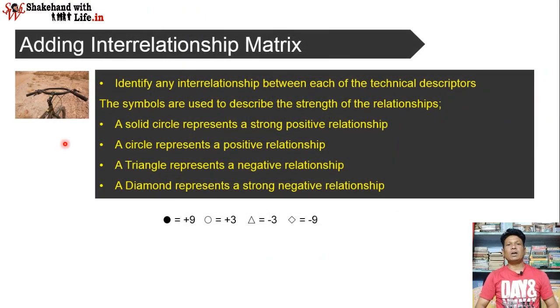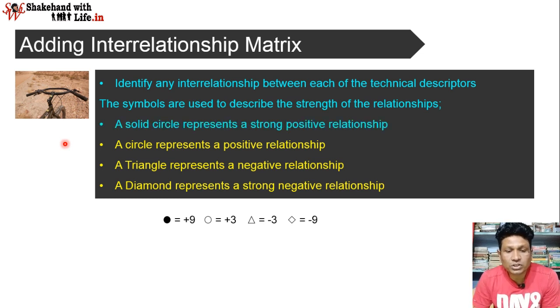To add the interrelationship matrix on the top of the house, we have to identify any relationship between each of the technical descriptors. For that, we use symbols that describe the strength of the relationships. A solid circle represents a strong positive relationship, a circle represents a positive relationship, a triangle represents a negative relationship, and a diamond represents a strong negative relationship.